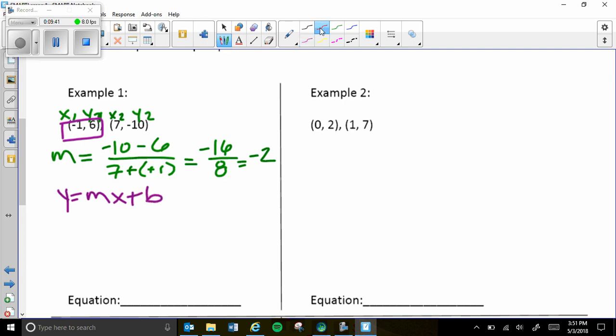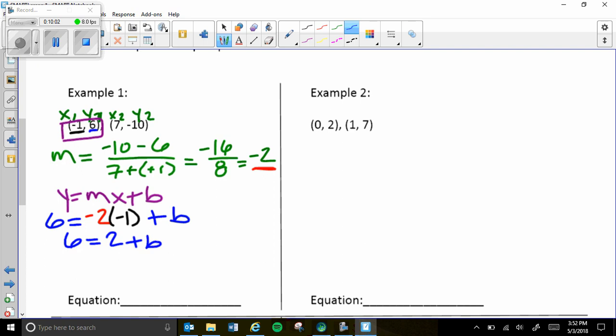So my m is -2. My x is -1. My y is 6. And I'm solving for b. So -2 times -1 is 2.